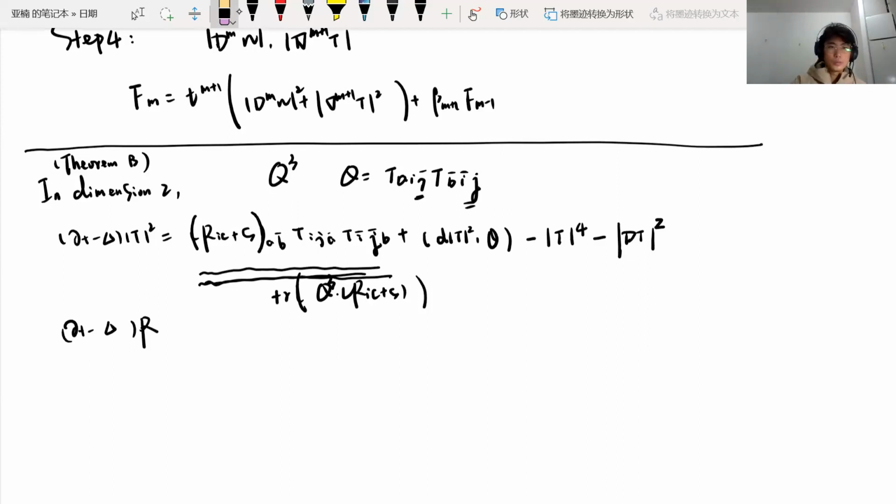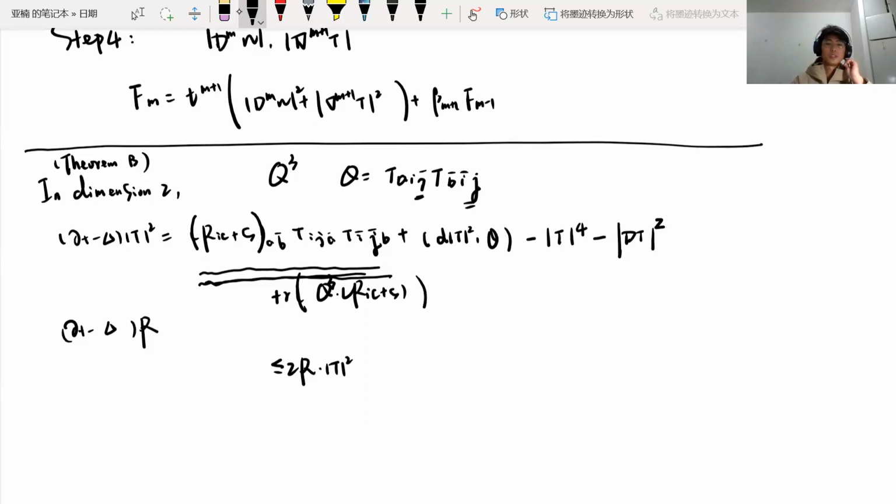And in a special case, if the two eigenvalues are both positive, or both negative, so they have the same sign, then this term is bounded by the scalar curvature and this term can be estimated.